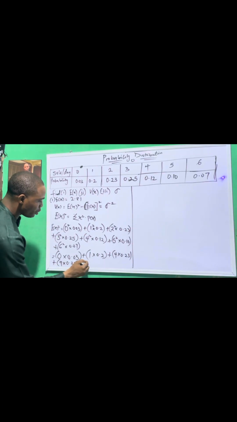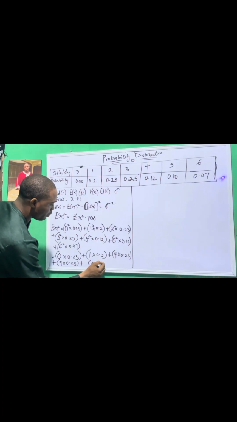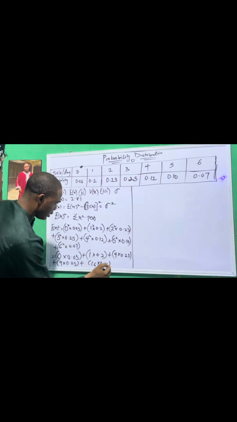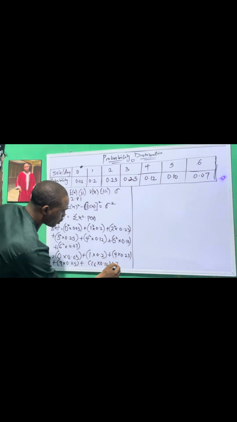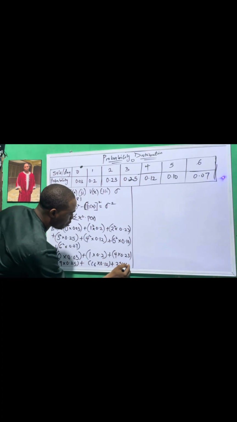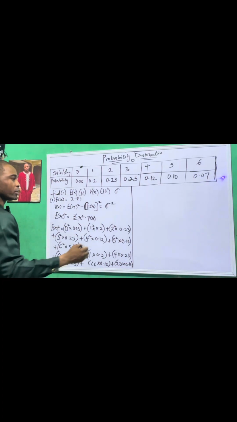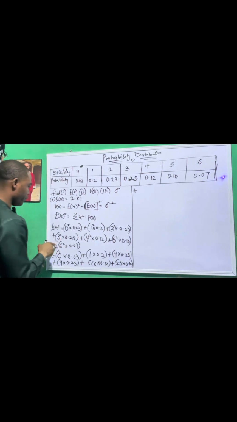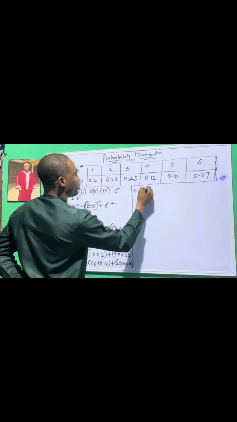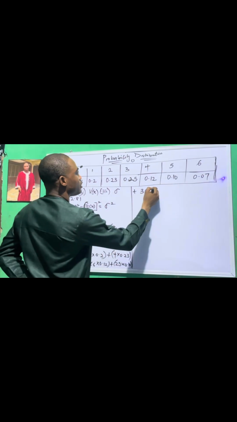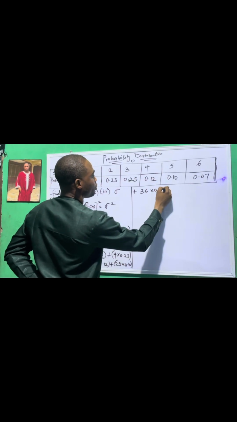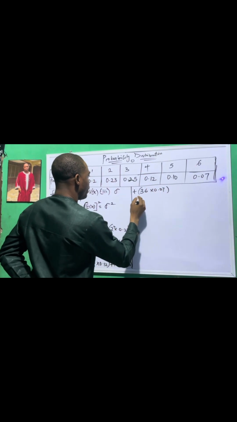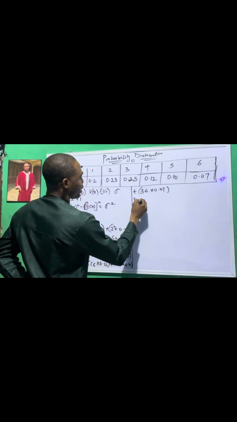Plus 4 here is going to give you 16 times 0.12. And 5 square is going to give us 25 times 0.10. Plus we have 6 square here. 6 square is going to give you 36 times 0.07.